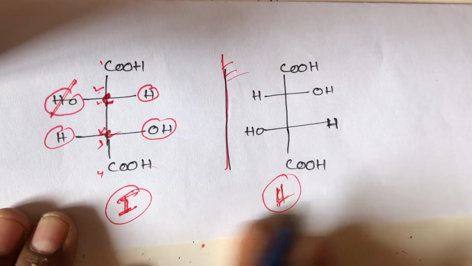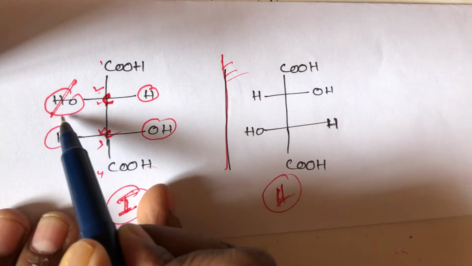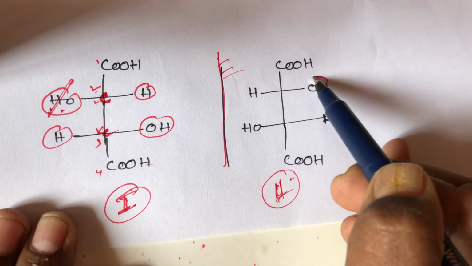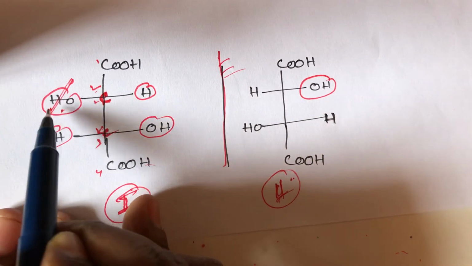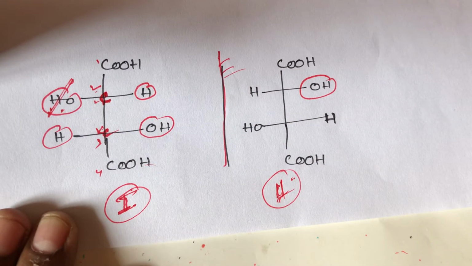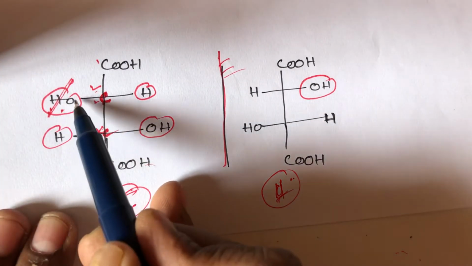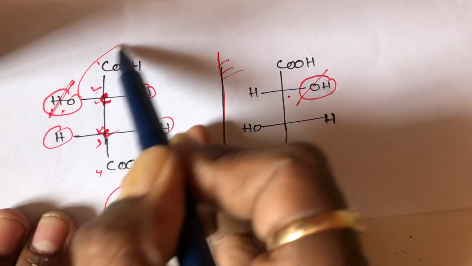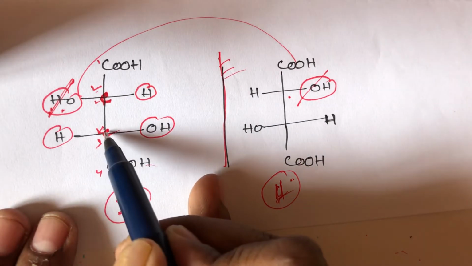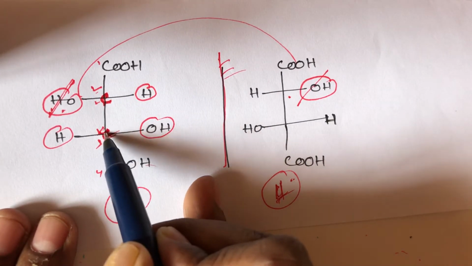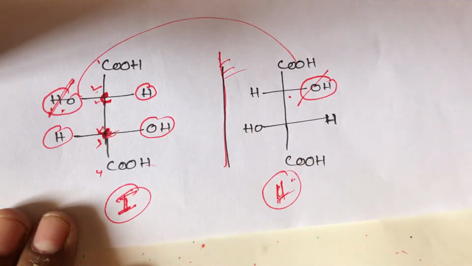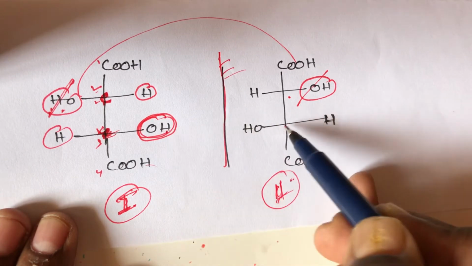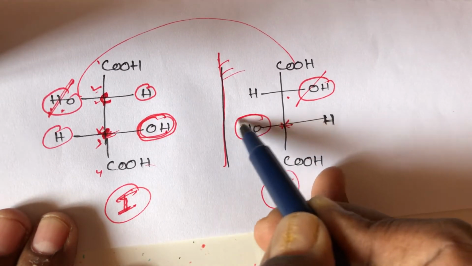Out of the two, please identify structure 1 and structure 2. Here the OH group is present on the left hand side in the first compound, and in the second compound the OH group is present on the right hand side. These both are mirror images of each other. Now the next chiral center, the third carbon: the OH group is present on the right hand side, but in the second structure the OH group is present on the left hand side.